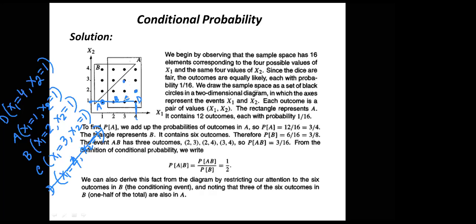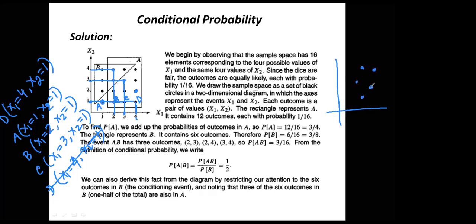Every point has a value of x1. How much is the value of x1? 3. How much is the value of x2? 3. This point, x1 value equal to 2, x2 value equal to 4. You know the coordinates, isn't it? Yes, x and y coordinates. So in the x and y coordinates there can be any point.